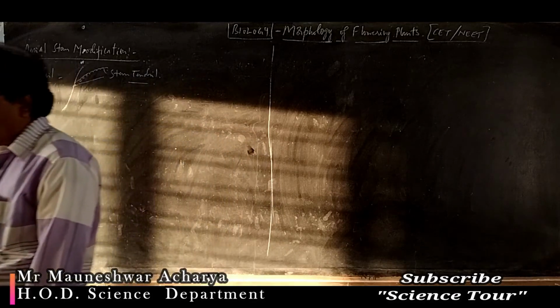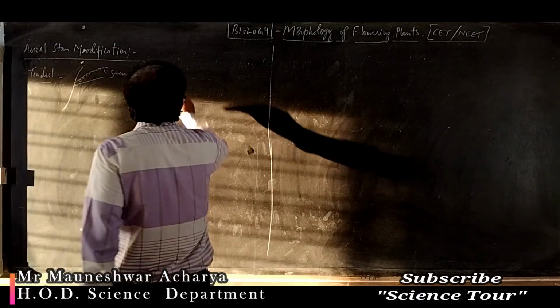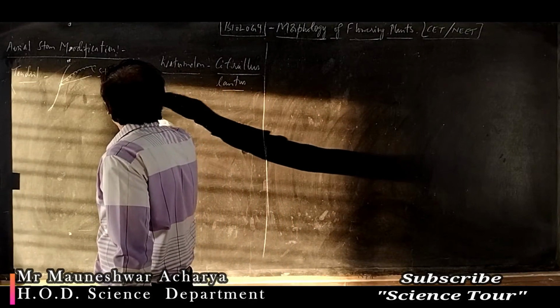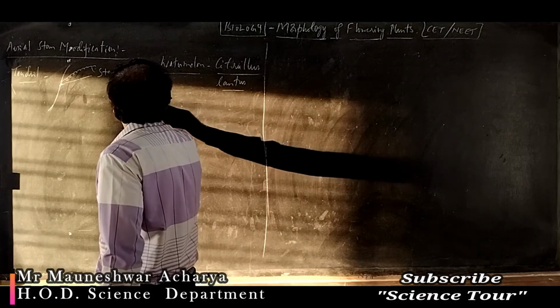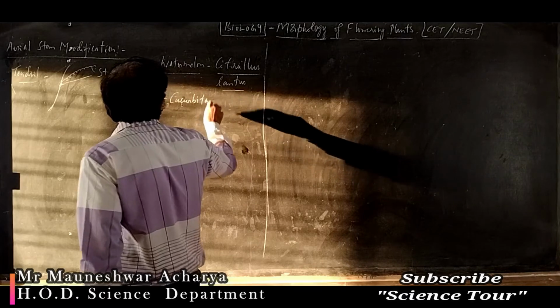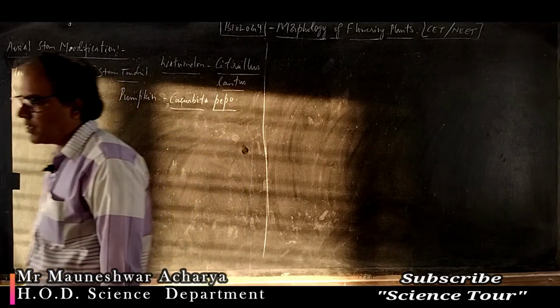So the examples for this are watermelon, Citrullus lanatus, pumpkin, Cucurbita pepo, that is the scientific name of pumpkin.